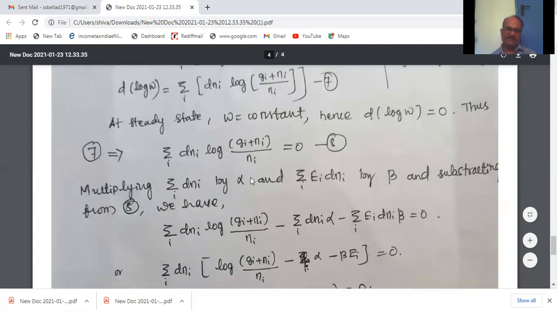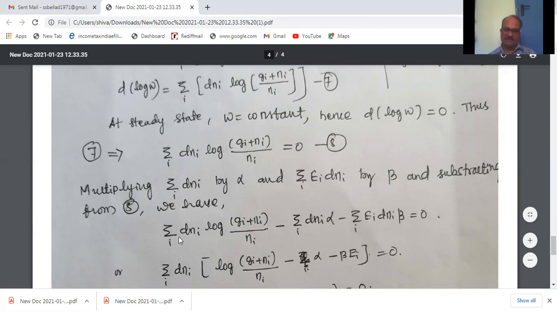That means we are setting d log omega equal to 0. Next, multiplying summation of dni by alpha and summation over i of ei dni by beta, and subtracting from equation 8. This is equation 8.